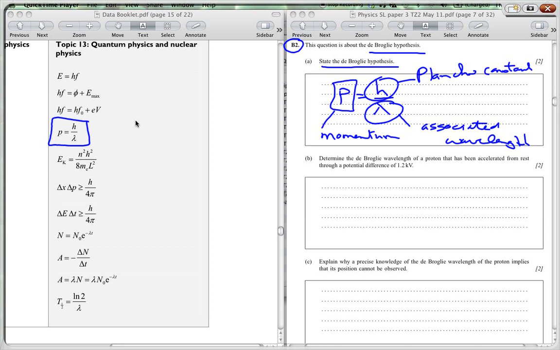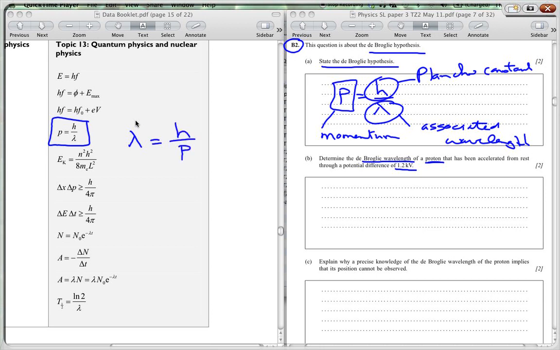Determine the de Broglie wavelength of a proton that has been accelerated through a potential difference of 1.2 kilovolts. This is a proton, not an electron, so it's important to realize. We want to work out the wavelength, so we're going to be using the formula lambda is equal to h over p.